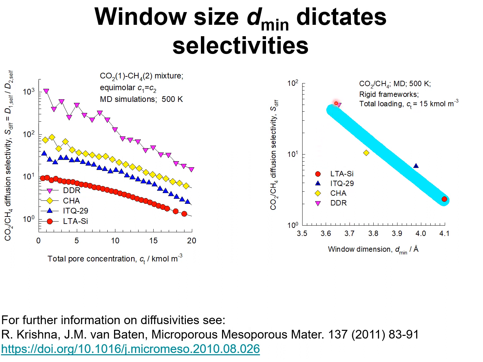The selectivity for DDR is about 1 order of magnitude larger than for all silica LTA zeolite.